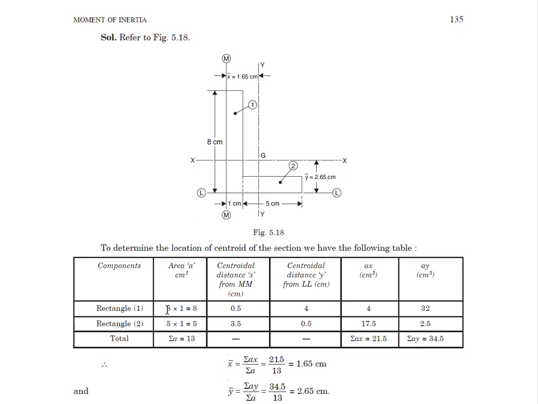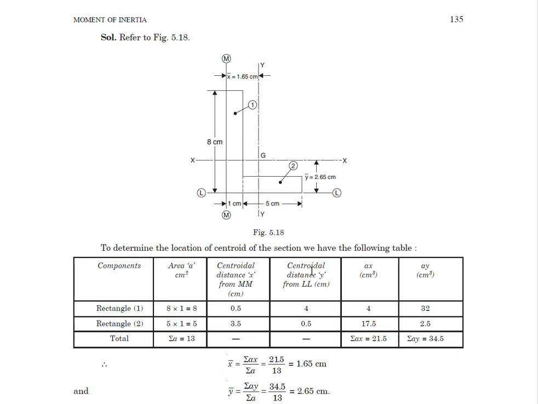If you remember, we found the areas like 8 into 1 is equal to 8, and the centroidal distance x from the line mm. That means the distance of the CG of the first rectangle is 0.5, because the total thickness of this rectangle is 1 centimeter.